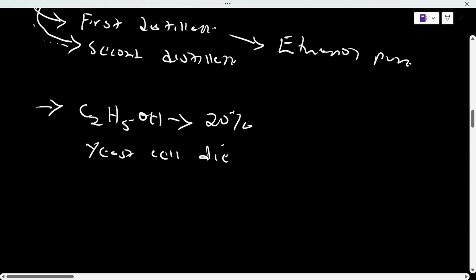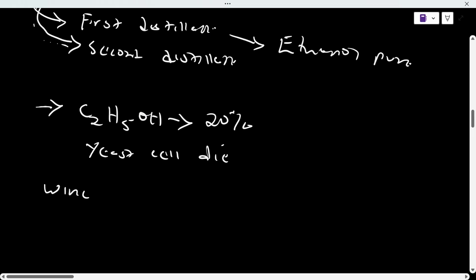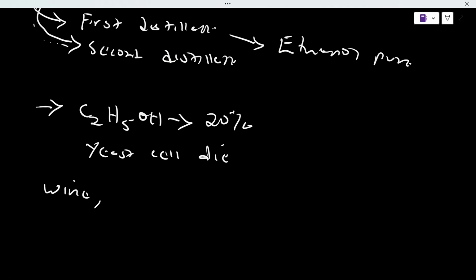So this is an explanation why whenever drinks containing ethanol are made, for example, wine, whiskeys, gin, those alcoholic drinks, they always contain a lot of ethanol.